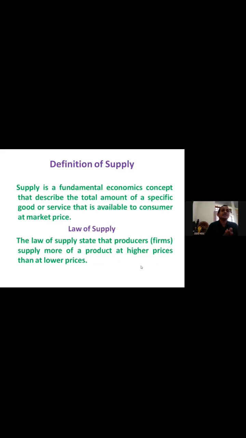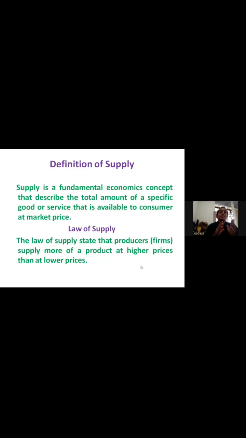First, we'll discuss the definition of supply. Supply is a fundamental economic concept that describes the total amount of a specific good or service that is available to the consumer at market price.